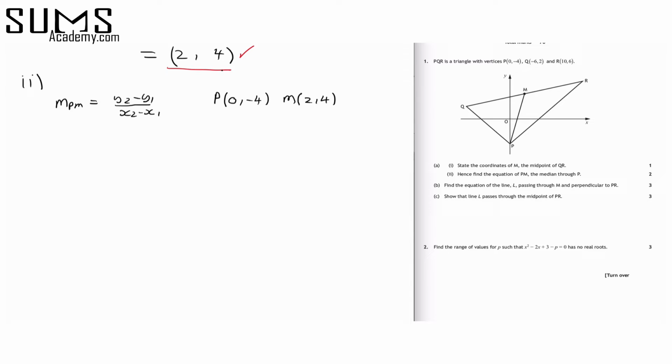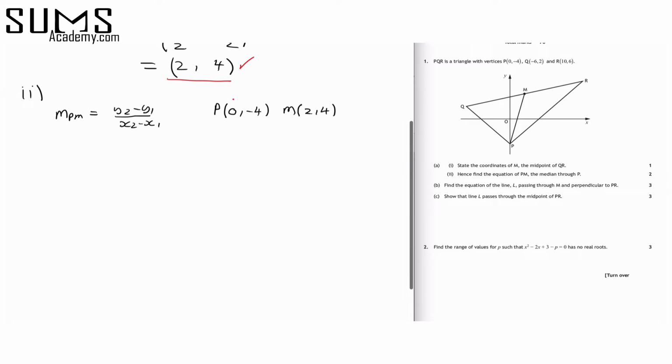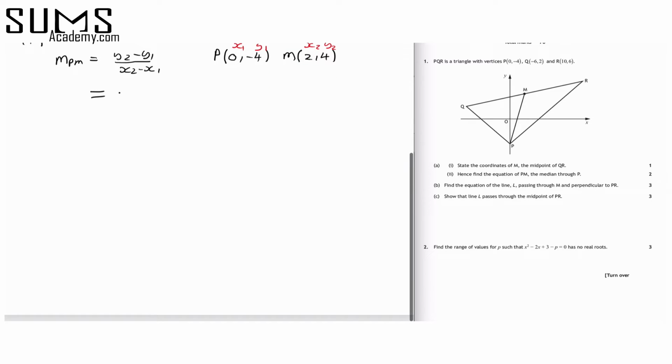So this is x1, y1, x2, y2. This is equal to y2, which is 4, minus y1, which is -4.